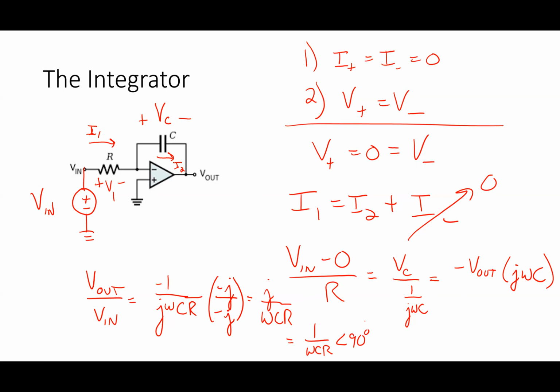What would happen as the frequency got higher? The magnitude would get smaller and smaller and smaller, right? At DC, it would be infinite. At 1 hertz, it'd be pretty big. At 10 hertz, it would be smaller. At 20 hertz, smaller, 100 hertz, smaller.